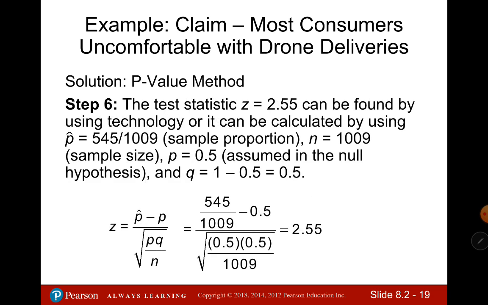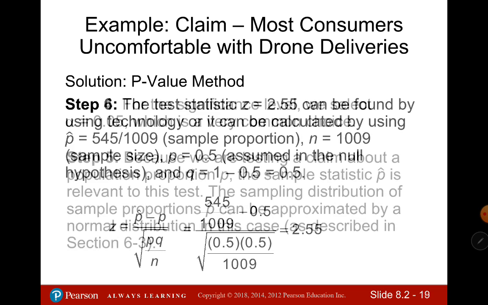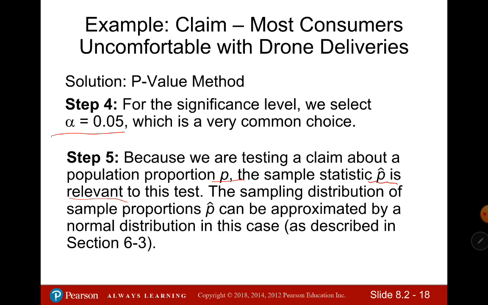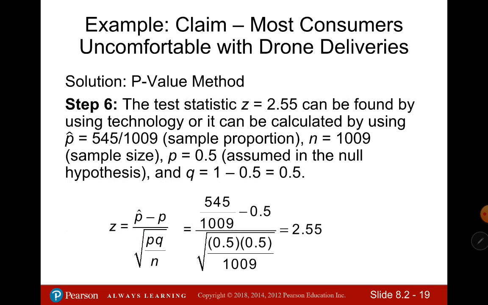We're gonna talk about how to get the test statistic first, by using the normal distribution as approximation. So you only need to know we're going to talk about the p-value method first.